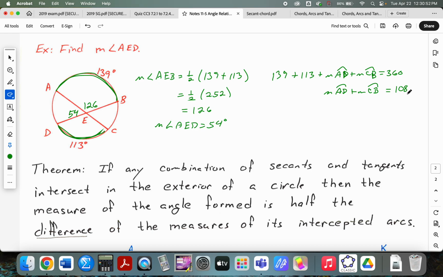So it's half of the 108, so it's 54. You can do it either way. Whatever appeals to your brain first. Neither of them takes terribly long, especially if you're using a calculator to help you with adding and dividing and all that kind of good stuff.